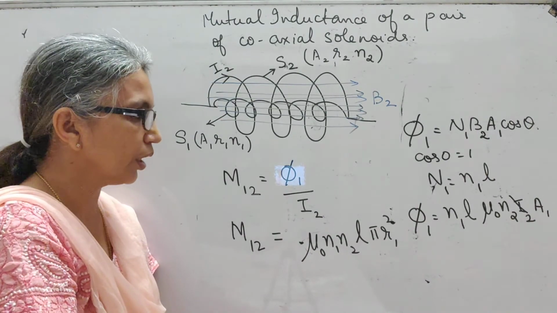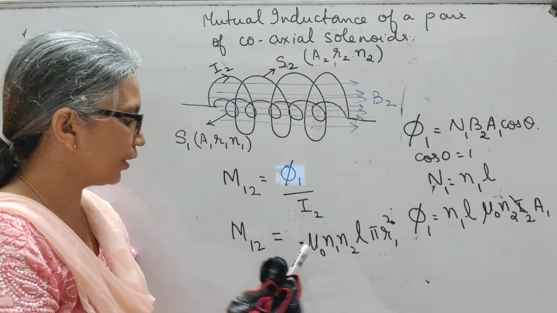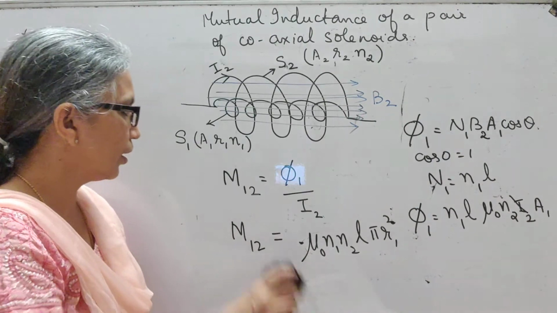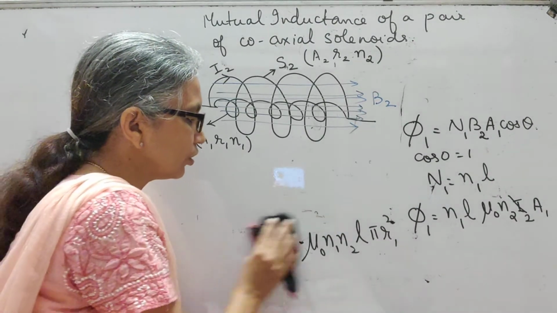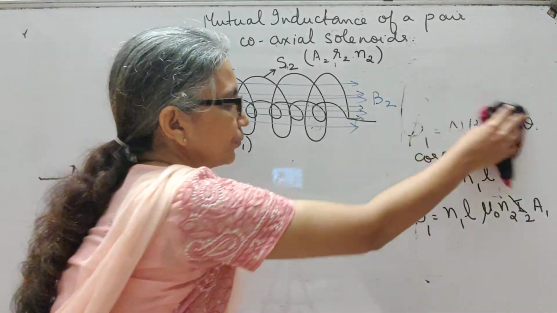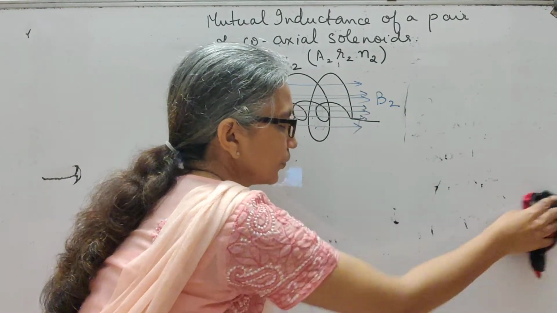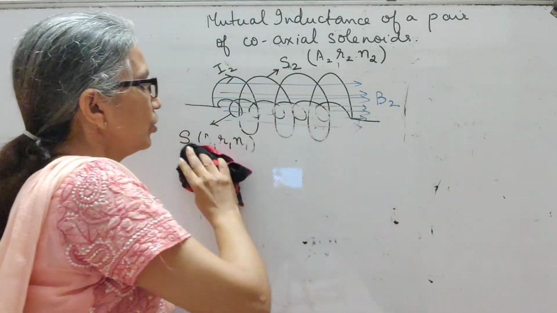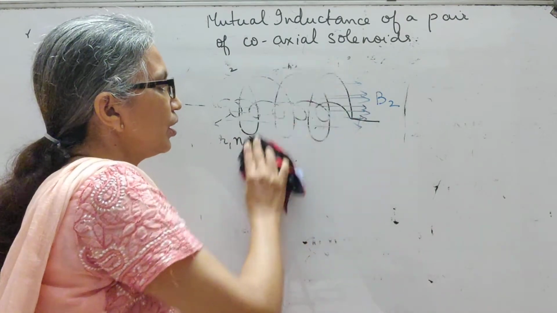Okay. Now you may also find M21, that is, by passing current through the smaller one, you check for the flux through the larger one.